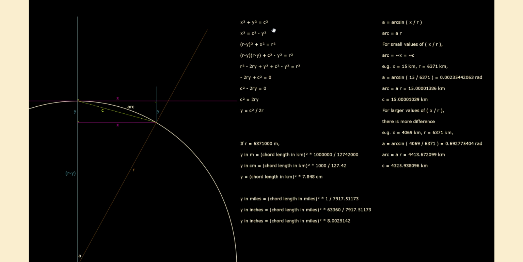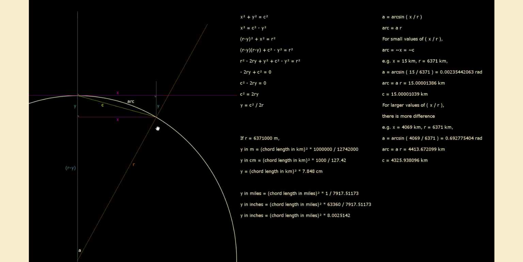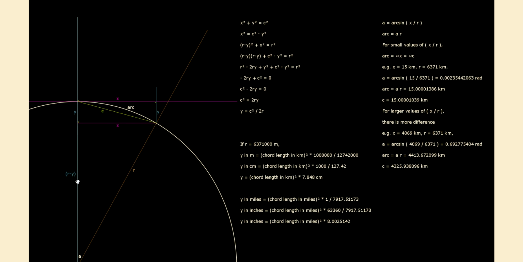We can also look at this larger right-angled triangle that we've created here, between the centre of the Earth and that buried point and the other point on the circumference, and say that this side, that is most of the radius, just minus that little bit, that drop, is r minus y. So (r minus y) all squared plus x squared, the same x squared, it's this x here rather than this x here, but it's still the same x, equals r squared, because the hypotenuse of that triangle is the radius, the orange one here.